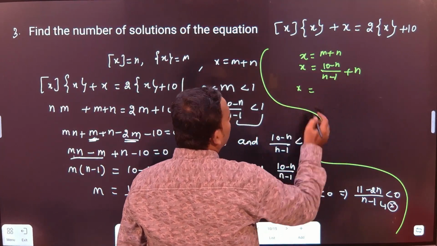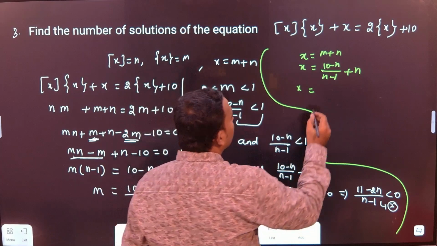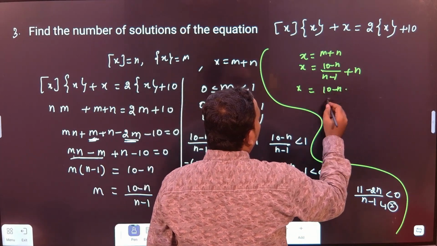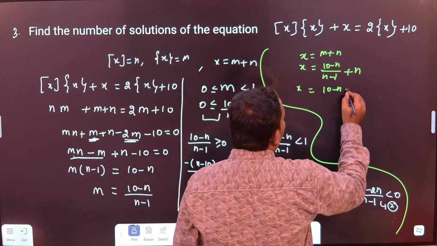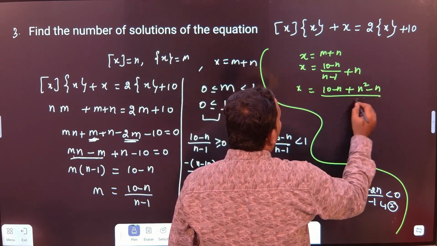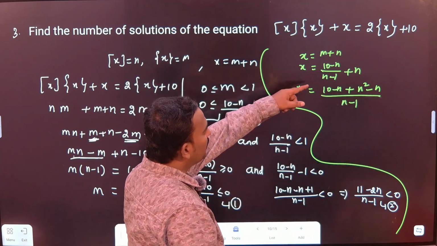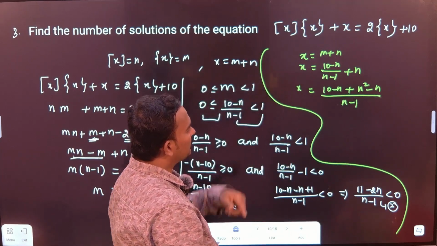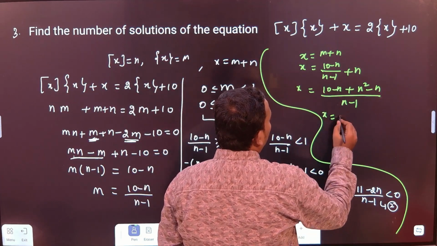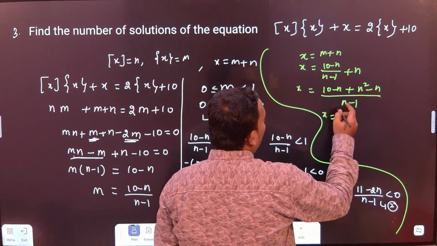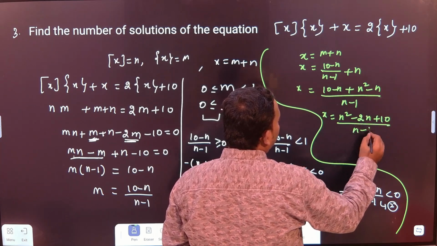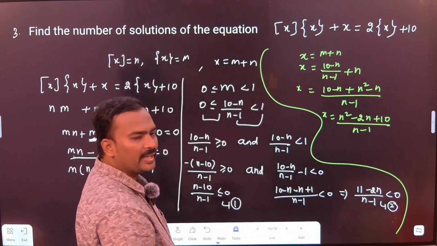So x, you can write in terms of n, right? 10 minus n, take LCM, n square minus n divided by n minus 1. Yes, correct. Therefore x is equal to n square minus 2n plus 10, divided by n minus 1. This is your x value.